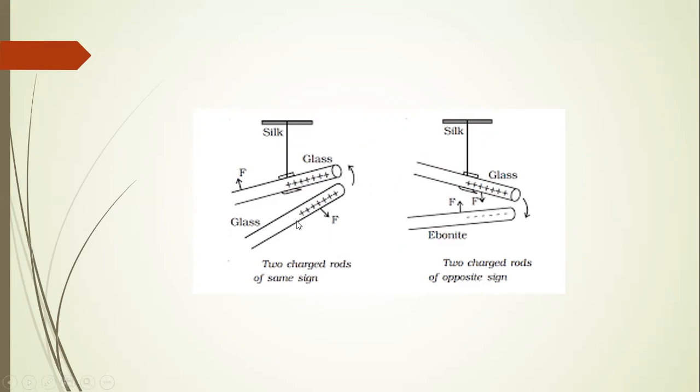The force direction is shown in opposite directions. In the second figure, one glass rod is positively charged, and one ebonite rod, or we can consider a plastic rod, is negatively charged. These two oppositely charged bodies will attract each other, and here the direction of force is shown.